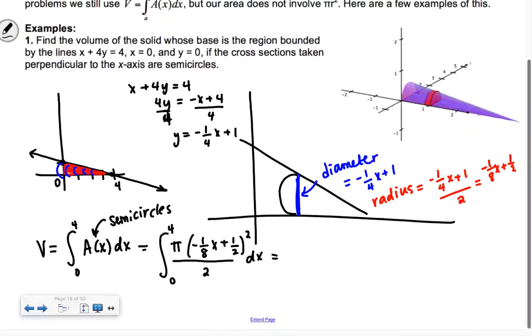So we can make it a little bit easier. We can pull out the pi and the over 2. And then I would just use your calculator to integrate quickly. So instead of foiling out and then integrating by hand, you can actually use your calculator.